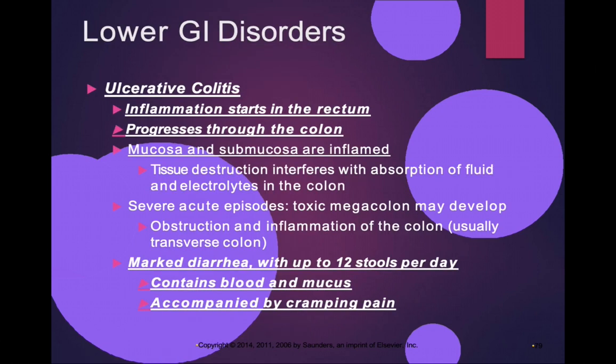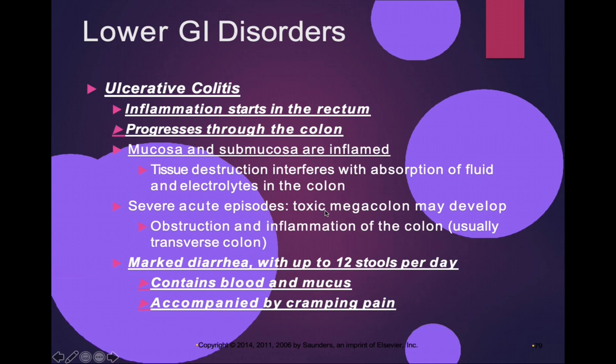Now, ulcerative colitis, this is still an inflammatory bowel disease. The inflammation here starts in the rectum, and then it progresses through the colon. It can affect the mucosa and the submucosa. They become inflamed. There's tissue destruction that interferes with the absorption of fluid and electrolytes in the colon. There are severe acute episodes.